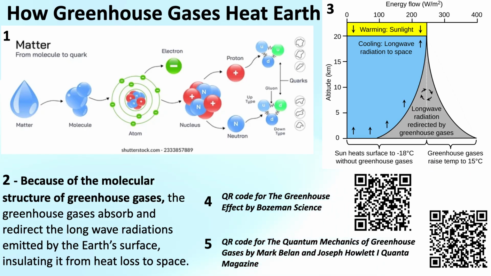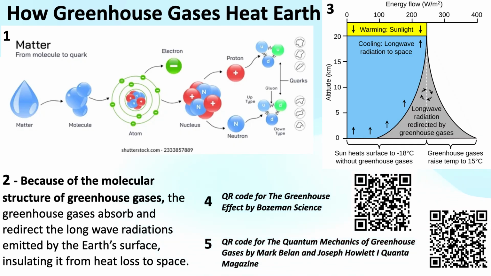As a result, the temperature of Earth would be minus 18 degrees Celsius, or basically 0 degrees Fahrenheit, if we didn't have greenhouse gases. But because we have them, the temperature of the Earth rises from minus 18 degrees Celsius to 15 degrees Celsius, which is about 59 degrees Fahrenheit.